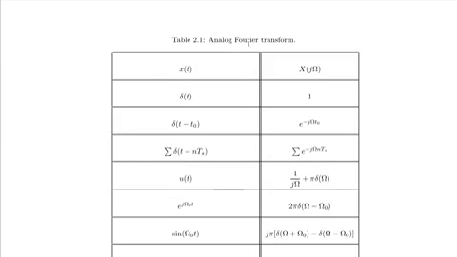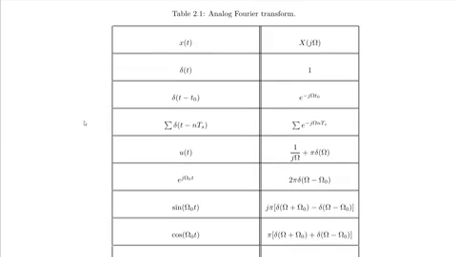And analog Fourier transform, here you see very important relations. If we have a delta t in time domain, what will be the Fourier transform? Here you see, this is very important. Of course, I know you are familiar with it. A shift in delta, what will be the result here?